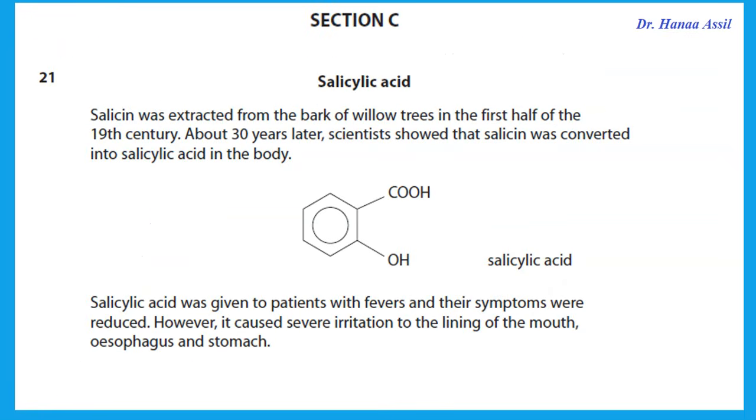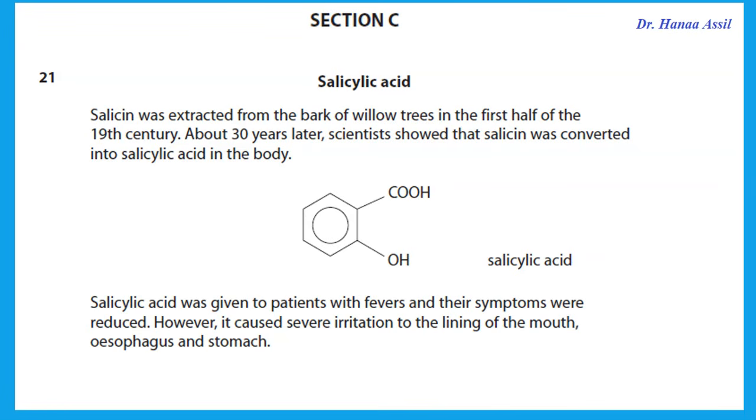We're talking about salicylic acid, and we're told salicin was extracted from the bark of willow trees in the first half of the 19th century. About 30 years later, scientists showed that salicin was converted into salicylic acid in the body. Salicylic acid was given to patients with fevers and their symptoms were reduced.